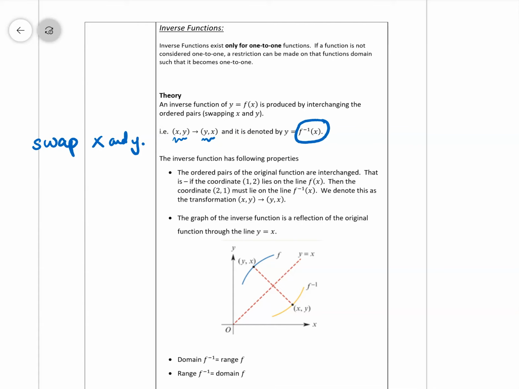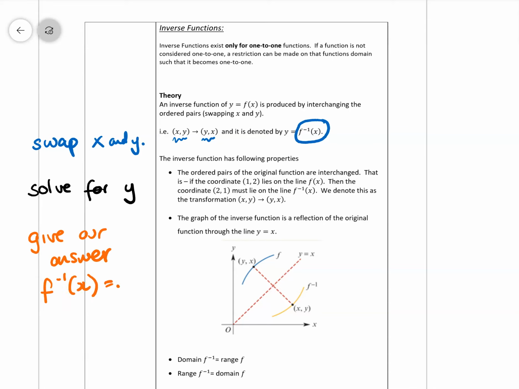Our second step would be to solve for y. So if I had a rule y equals something something and I swap them, I'd need to undo that something something in order to isolate y. So swap x and y, solve for y, and ultimately we're going to give our answer in terms of the inverse equals.